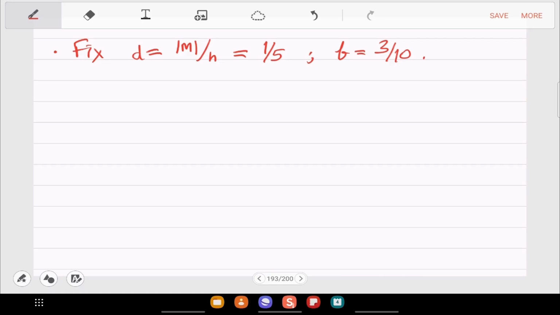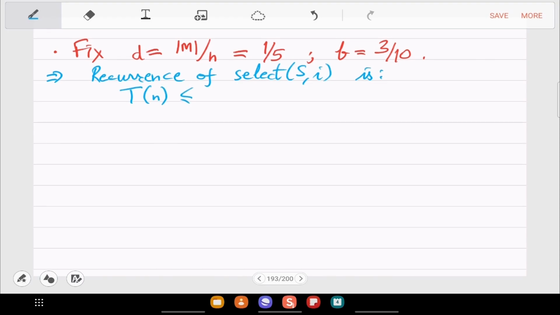And this means that the recurrence for select code is Tn less than or equal to order n plus n by 5 plus, what is the other part?